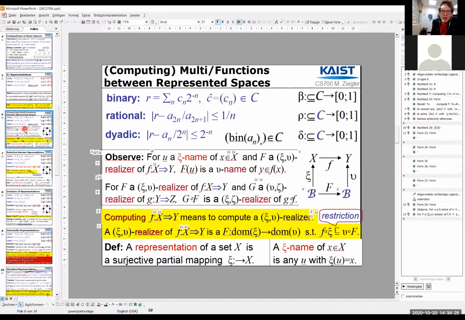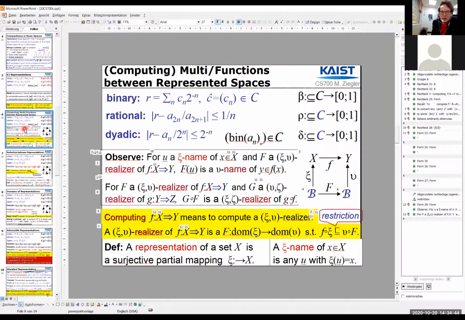First we defined what it means to compute a function or a multifunction between spaces that are already equipped with a representation. And there it came in handy that we have already defined what a multifunction is.